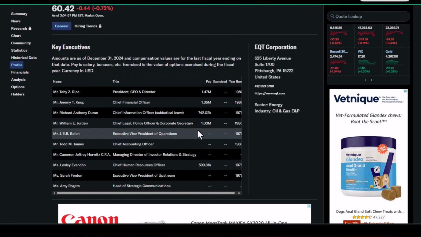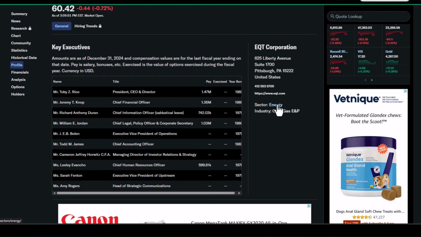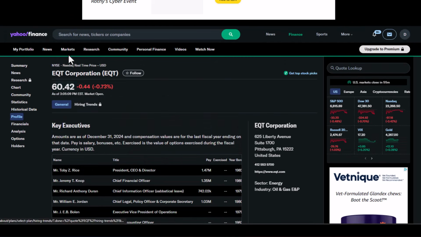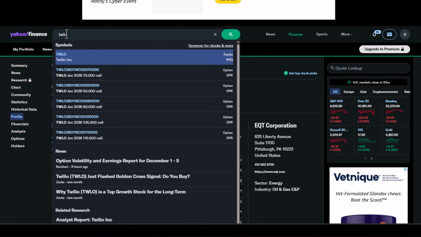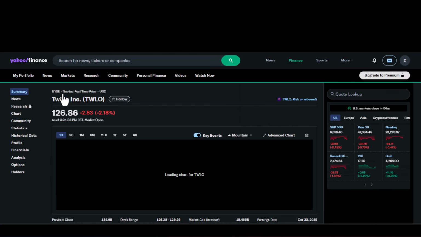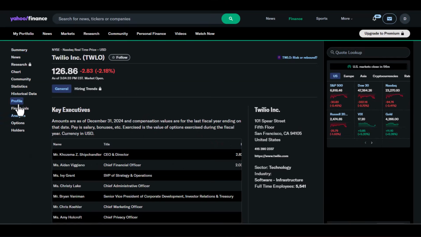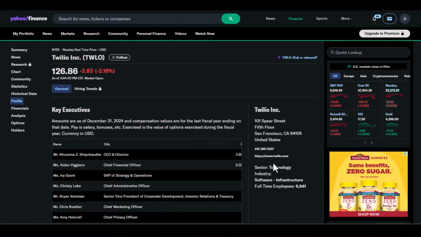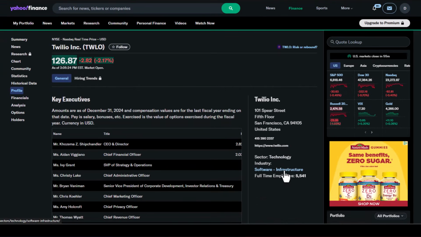Here's the key executives, here's the sector over here. It says energy, industry, oil and gas, E&P, exploration, etc. So there's EQT, energy sector, like we talked about. If you don't know Twilio, you'd come in and punch in the symbol, you'd hit profile, and it will tell us what sector it's in. And it's in the technology sector, specifically software.